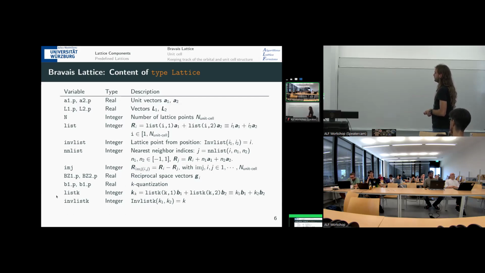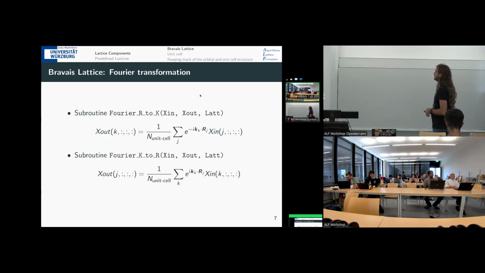List k and inf list k are basically the same as list and inf list, only in k space instead of real space. And here also the reciprocal space vectors and the k quantization, which are the equivalents to L1, L2 and A1, A2 in k space. Next, the Fourier transformation subroutines are defined in this way.